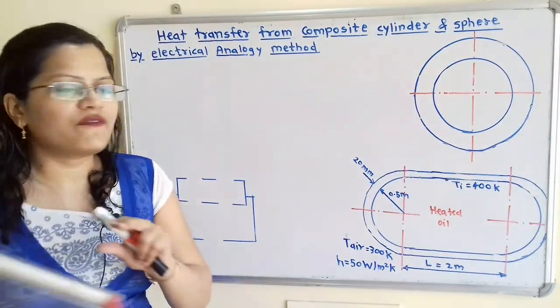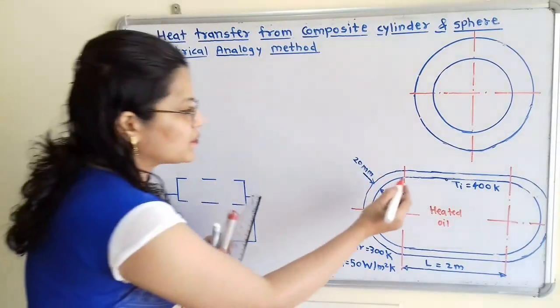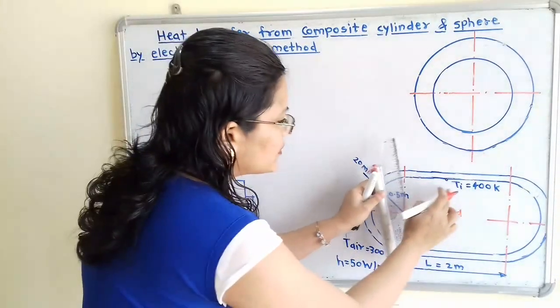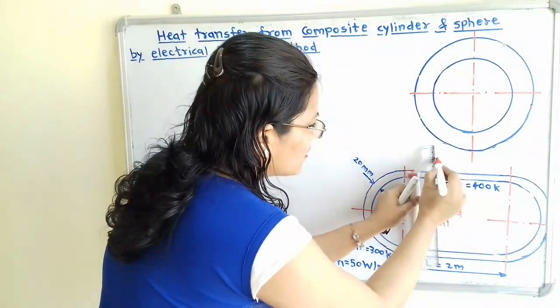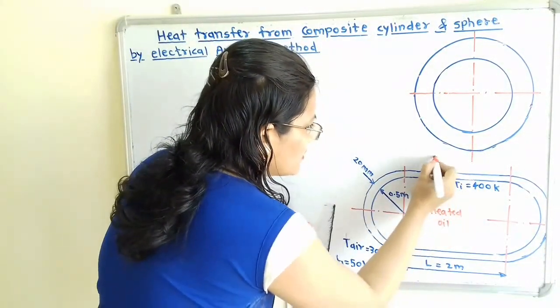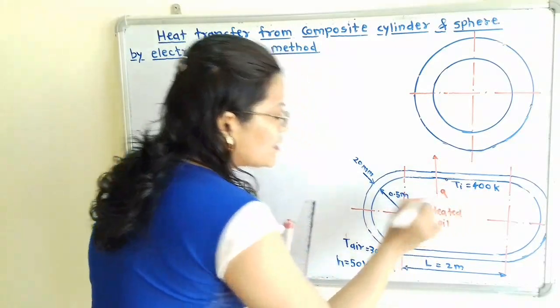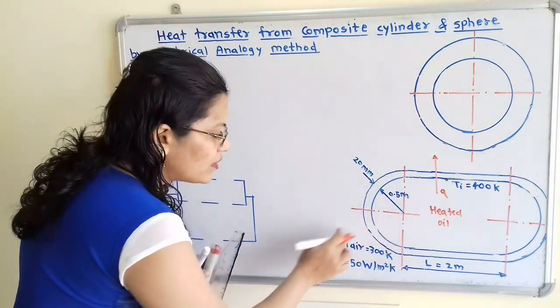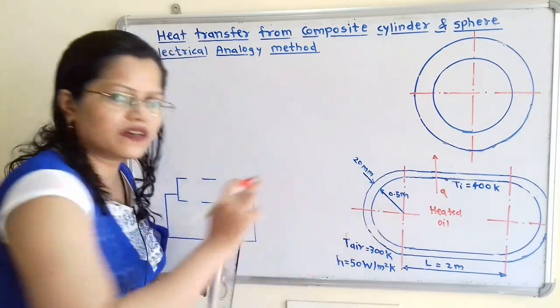Now this heat will flow in the cylinder, that is through the surface material of the cylinder. So I will show from this heated oil, heat will be transferred Q in this direction. At the same time heat will flow from this heated oil to the ambient air through the sphere also.